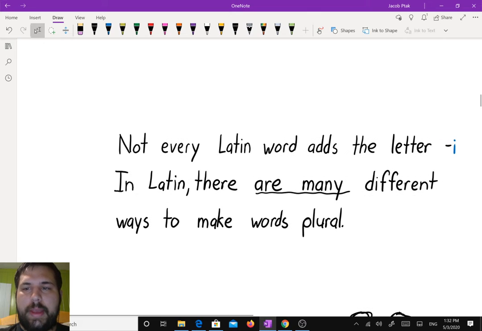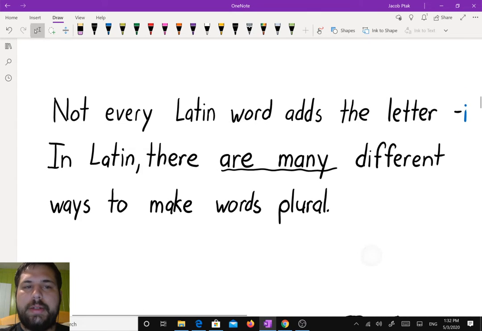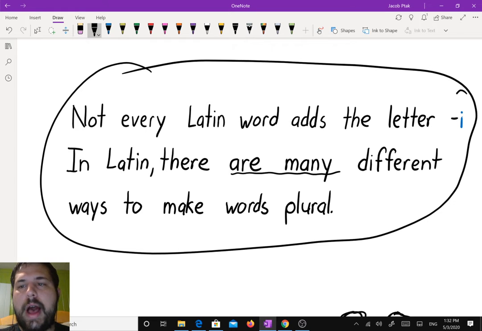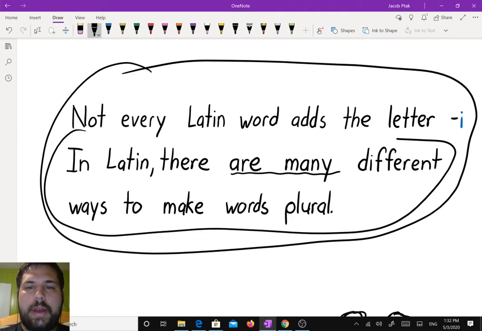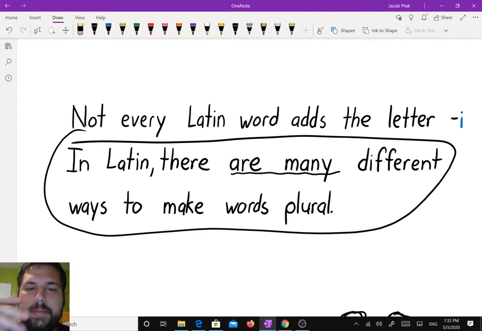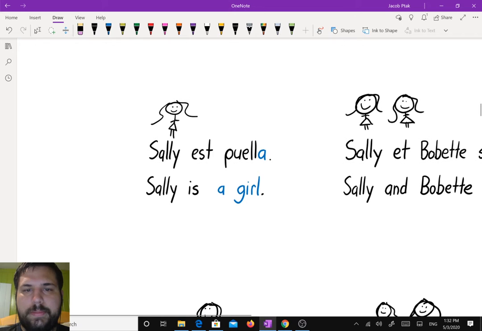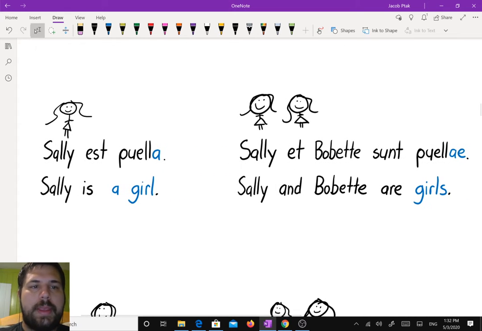So, here's another thing. Not every Latin word adds the letter I. In Latin, there are many different ways to make words plural. So you should also know this pattern here. Hopefully.